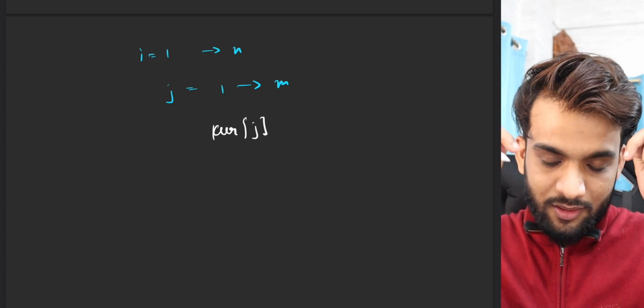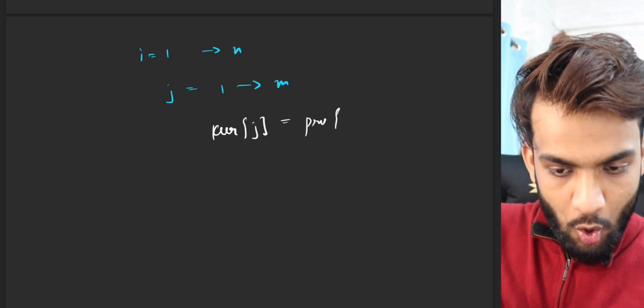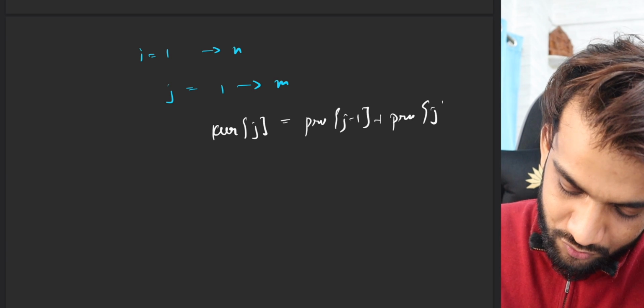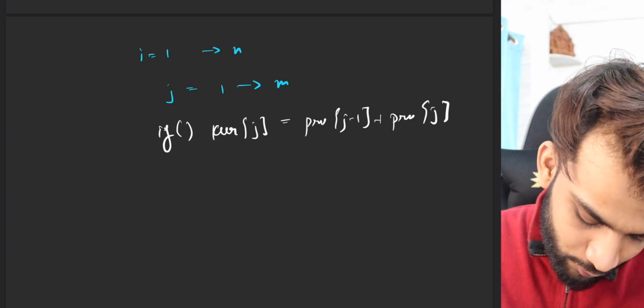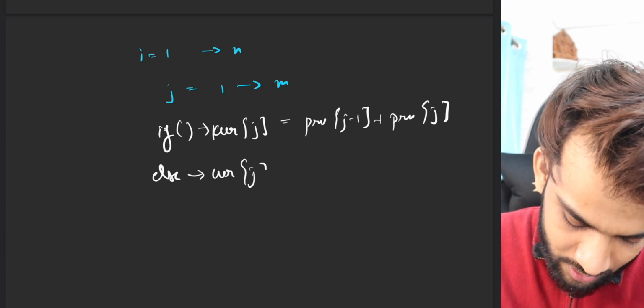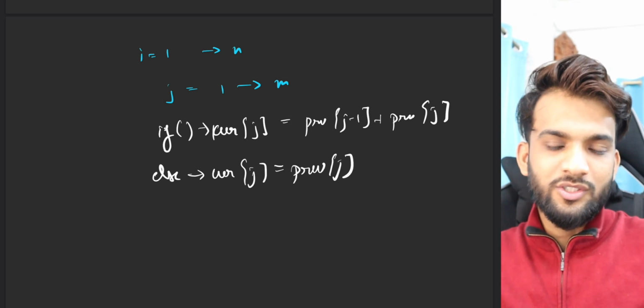At the jth column, you are saying previous of j minus 1 plus previous of j. You're using the previous row, right? This is on the first if. And on the else, you're saying curve of j is nothing but previous of j. That's what you're simply doing.